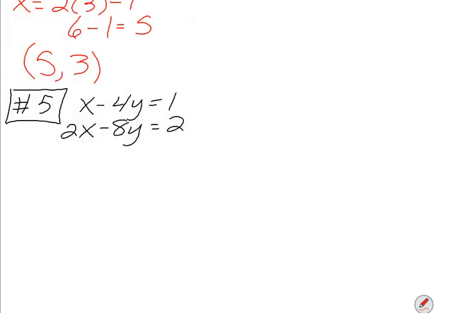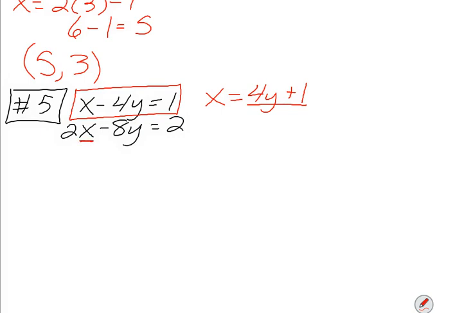All right, on number 5, I'm going to rewrite the top equation so that I get x equals 4y plus, because 1 is positive, plus 1. I will then substitute the 4y plus 1 in for my x.